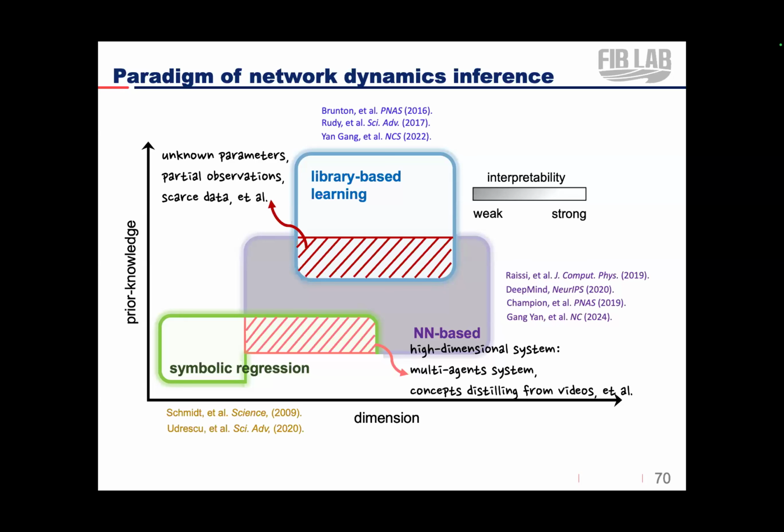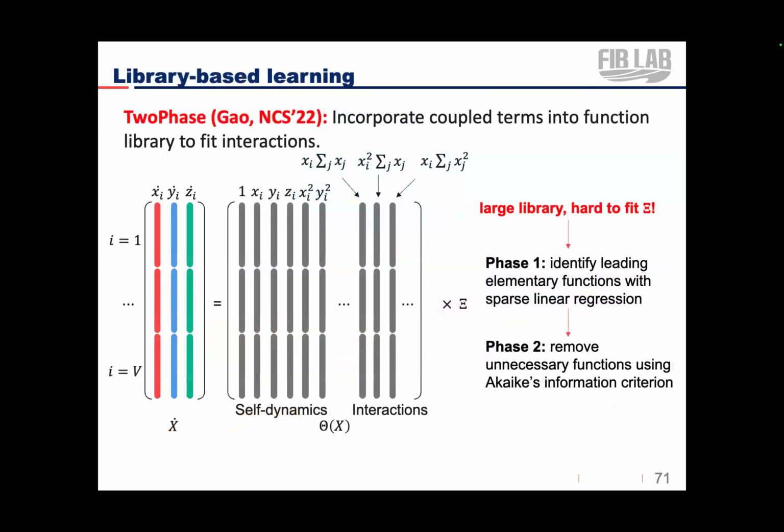And neural network based methods like LaGNA use neural networks to approximate dynamics and then derive symbolic formulas for interpretability. Each has its place: libraries for interpretability and neural networks for high dimensional complexity.